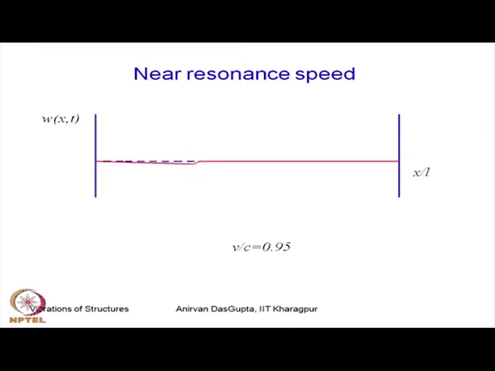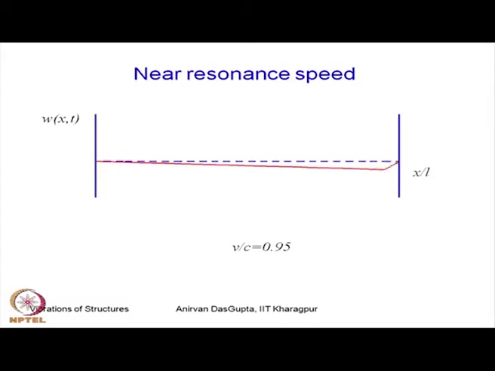Here you will find that those reflections of the kinks etc., are not so easily observable, at least. And the amplitude is growing as the force moves from left to right, which is a typical behavior of a near resonant solution.